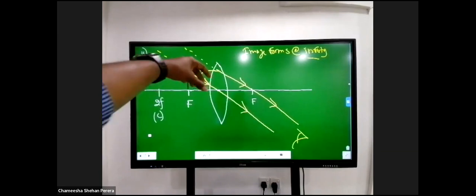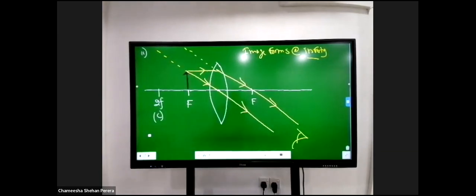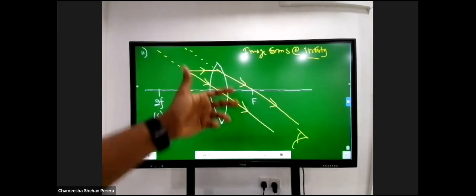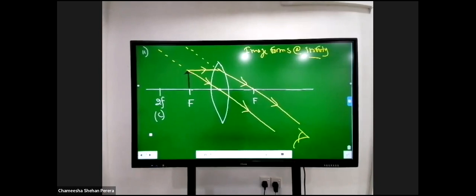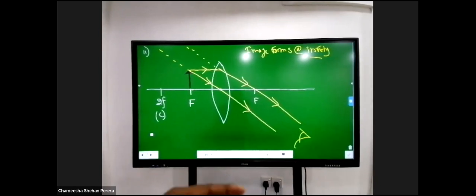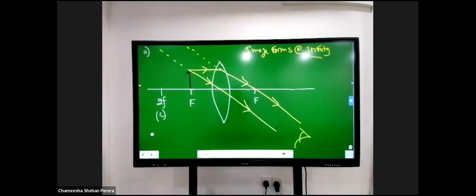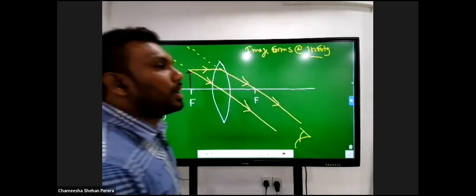The image appears to be blurred actually because these two light rays are parallel to each other. We assume them to meet at infinity, so the image will be forming at infinity. So we can't talk about any features of an image which forms at infinity.